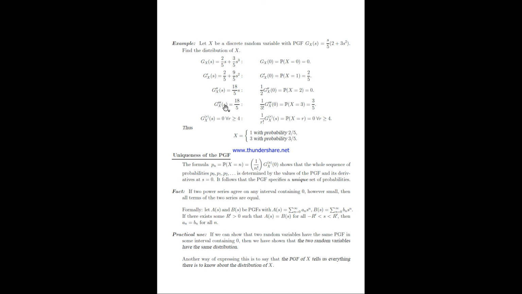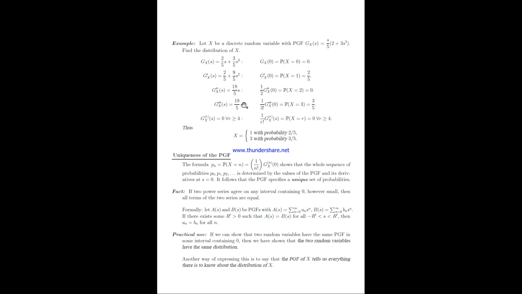When you substitute 0 for s, you have 18 over 5. But we know that for the third derivative you have to divide by factorial 3 to get the P3 value. So that is 18 over 5 into 1 over factorial 3, which gives 3 over 5. So the P3 value is 3 over 5.